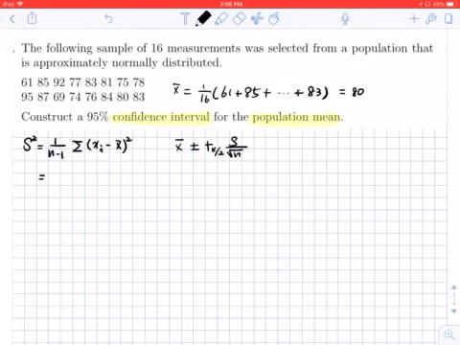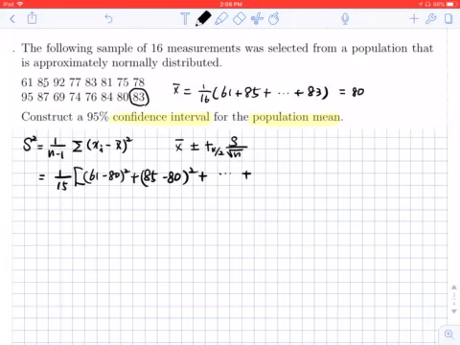In this case, 1 over 16 minus 1 is 1 over 15. And what you're going to do is, for each observation, 61 minus 80 squared, plus the second one, 85 minus 80 squared, plus, until the end, each one of them: 92 minus 80 squared, 77 minus 80 squared, 83 minus 80 squared, and at the very end, 83 minus 80 squared.